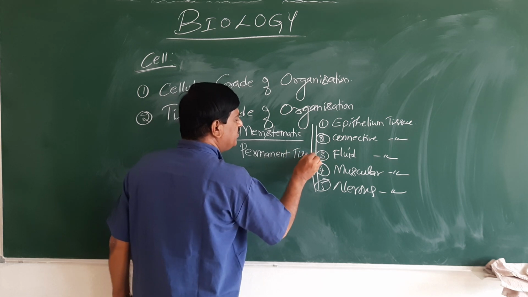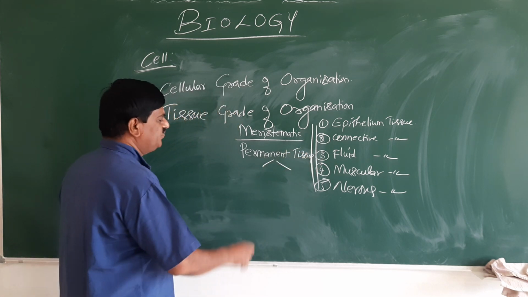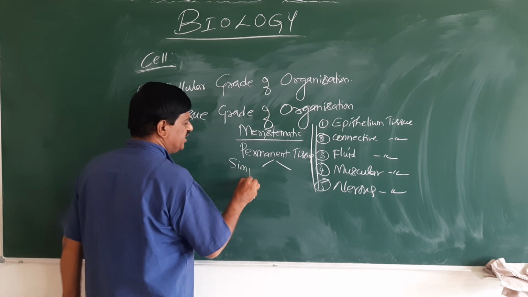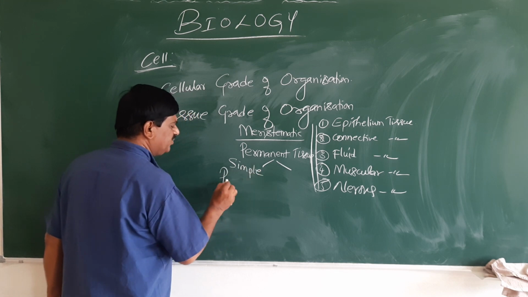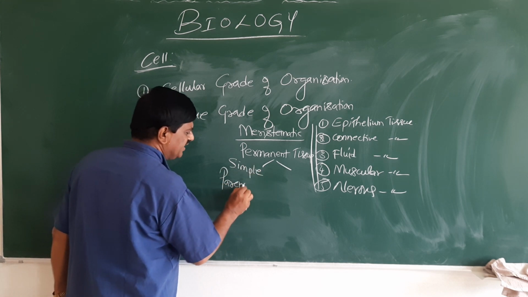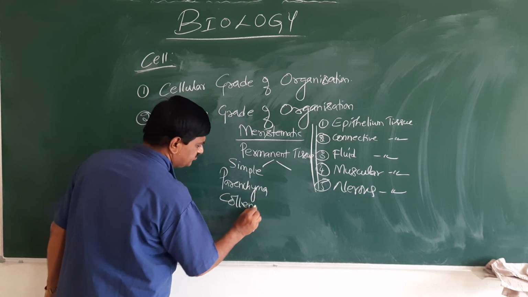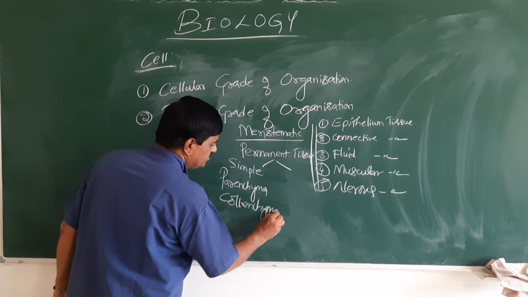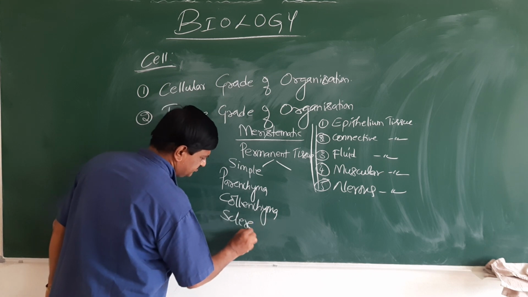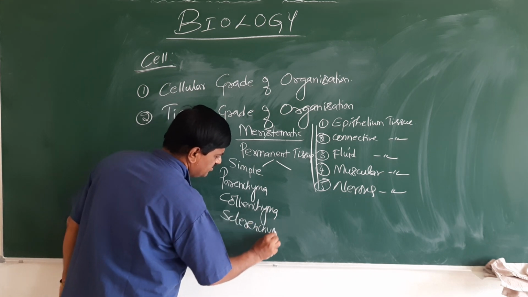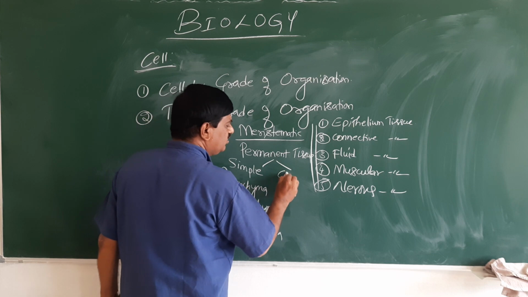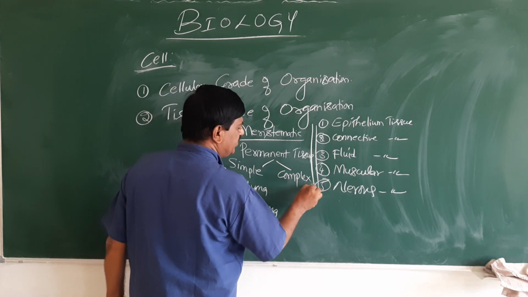The permanent tissues are again classified into simple permanent tissue. Simple permanent tissue has parenchyma, collenchyma, and sclerenchyma. Now we go for complex permanent tissue in plants.